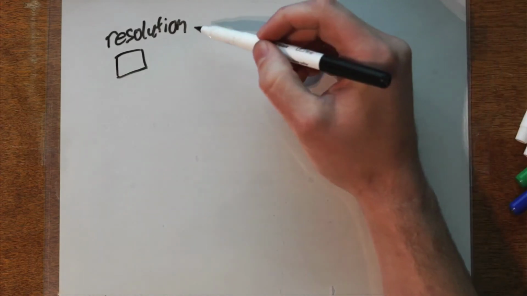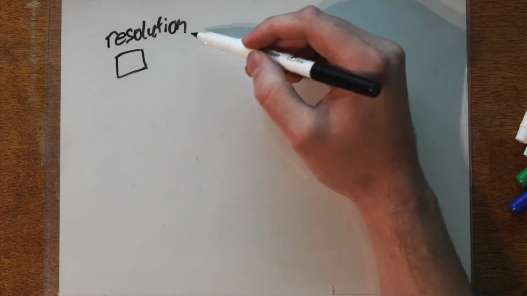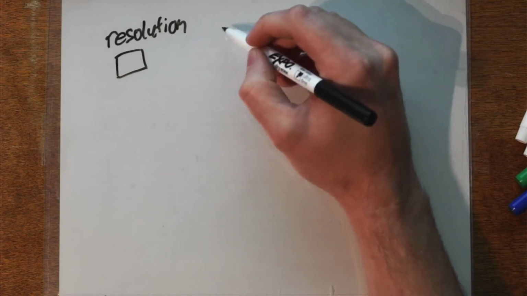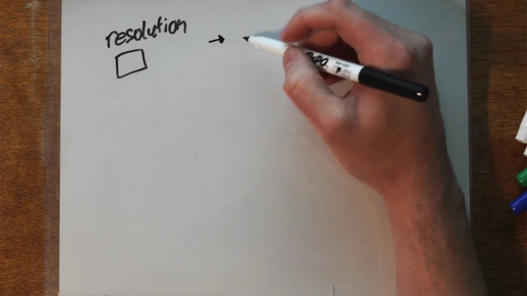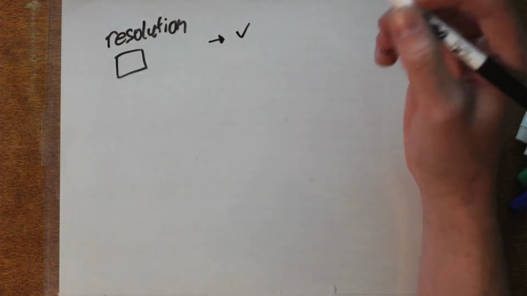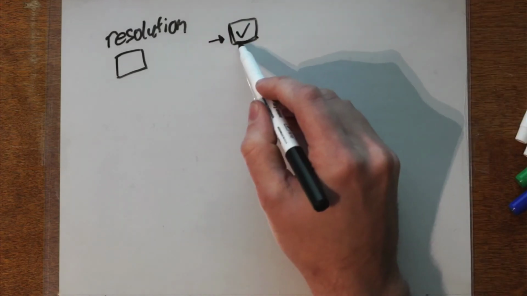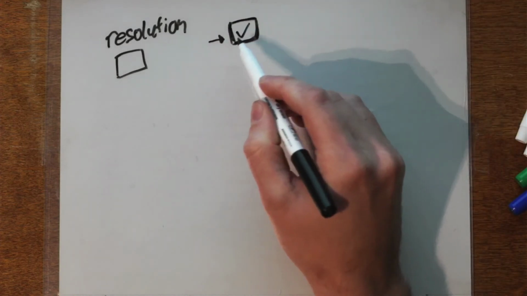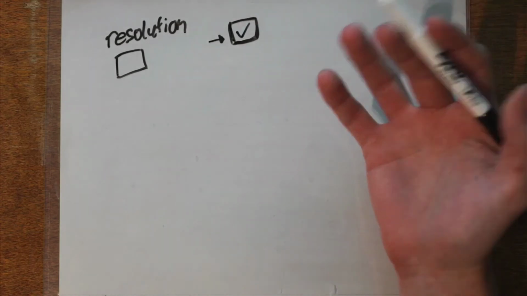Resolution. The other thing we can think about for the quality of a sensor is how little light, right? How few of our little photon friends does it take to get a signal? How few photons does it take to show a positive signal and say, yes, there is light in this spot, or there is not light in this spot?